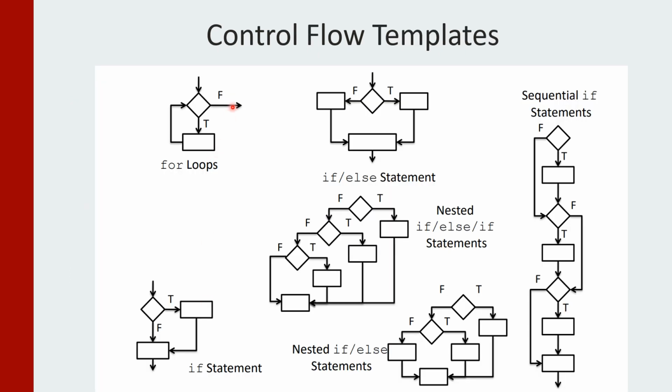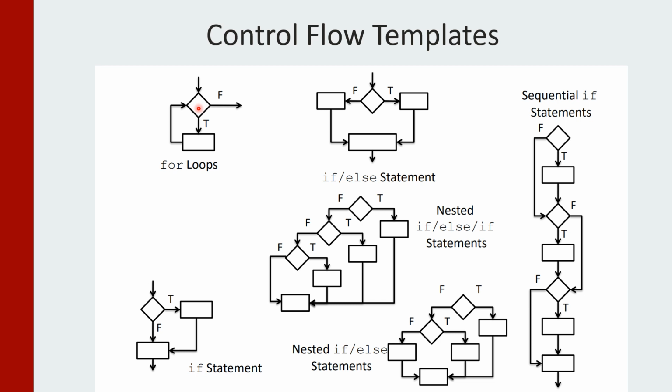So let's take a look at a couple of different control flow templates that are pretty standard for different chunks of code that you might write. For example, you might write a for loop. And so if we look at the control flow for a for loop, you have whatever's going on before the loop starts. And then you come to this decision diamond, which is basically saying, I have some sort of way of iterating through my loop, and I want to check if a condition is true.